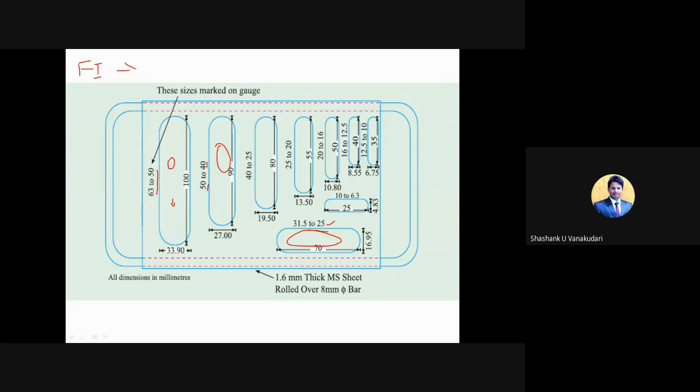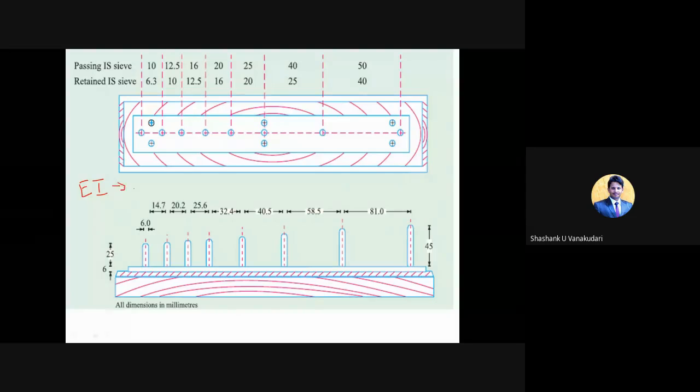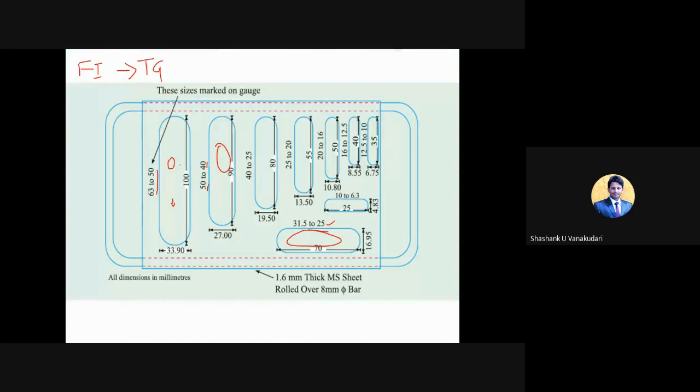For flakiness index, we are using a thickness gauge, but for elongation index, we are going to use the length gauge. Do not get confused. For flakiness index, we are using the thickness gauge. It will be for plate-like structures.